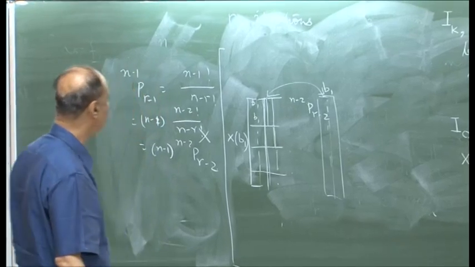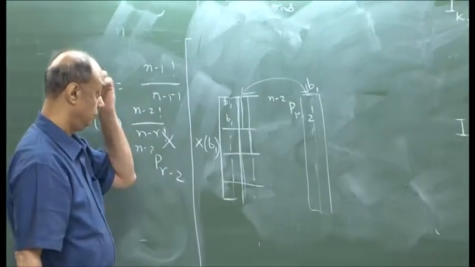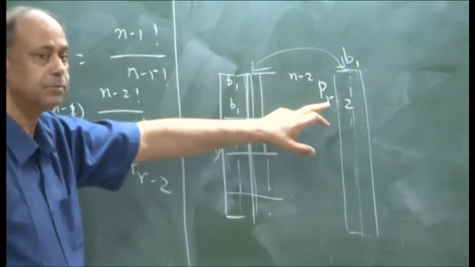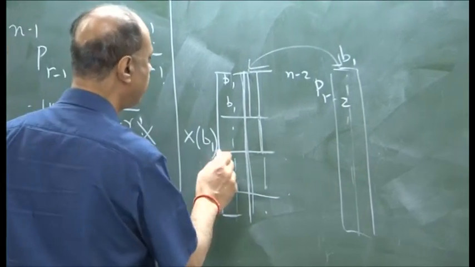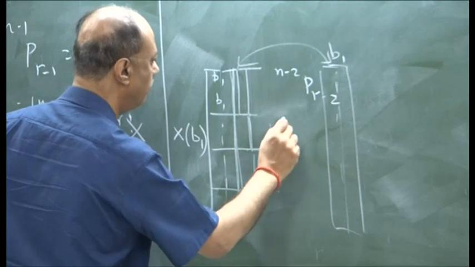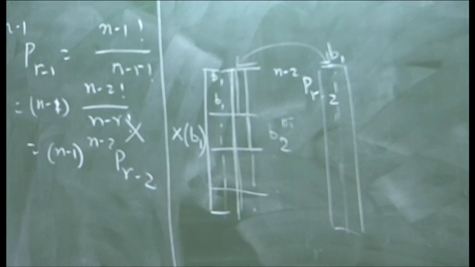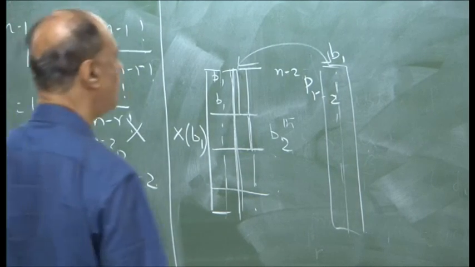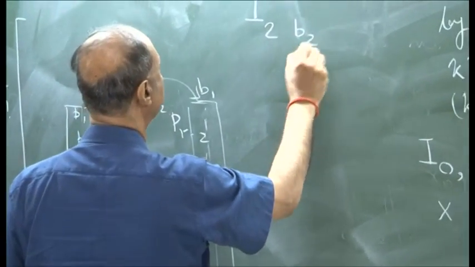What I will be doing is that I have divided into n-1 groups, each of size n-2 P r-2, so I can get a group number. Let us assume that the ith row now belongs to the B2th group. For this B2th group, I will perform the operation I2 B2.